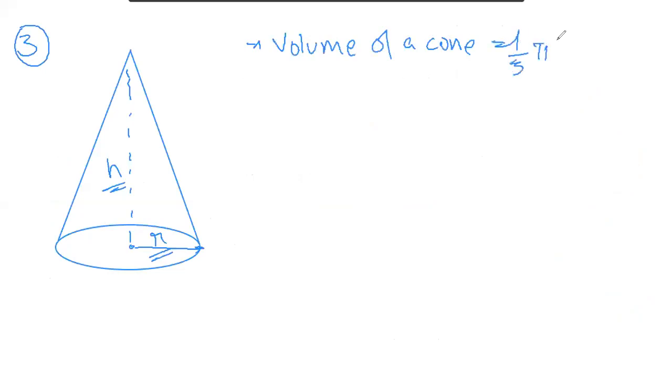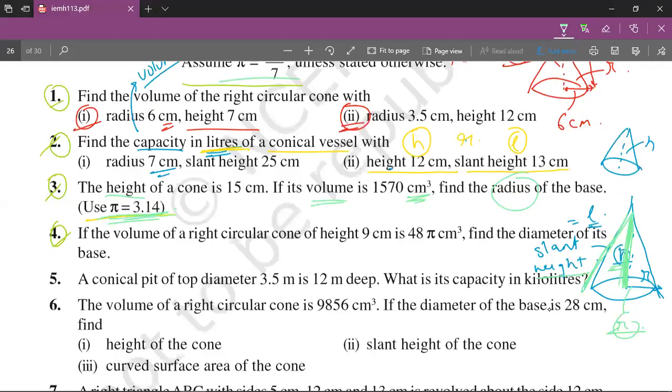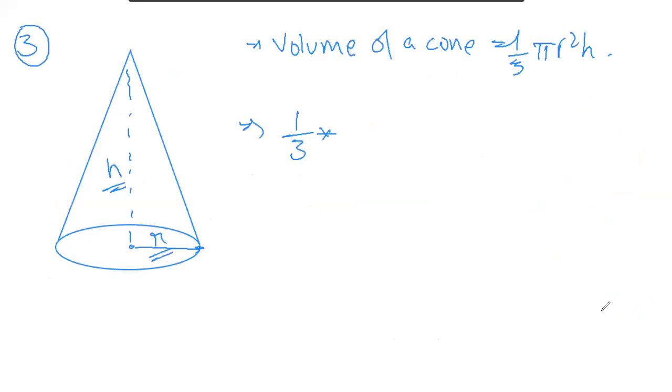1/3 pi r square h. So 1/3 into 22. Please do not make this mistake. Because in this question it is specifically mentioned that pi is equal to 3.14. If it has mentioned that pi is equal to 3.14, it has done it with a reason. It has not done it just for time pass.